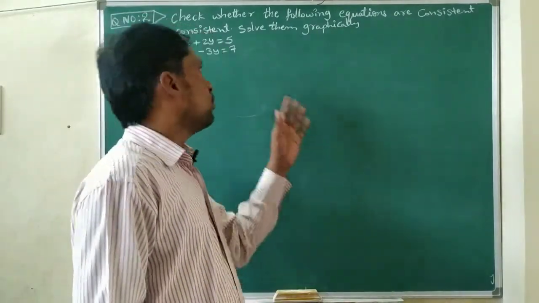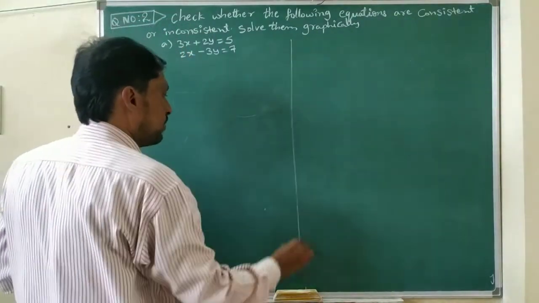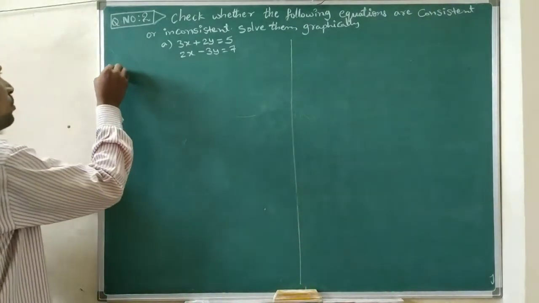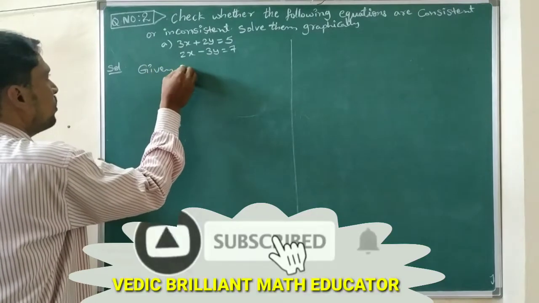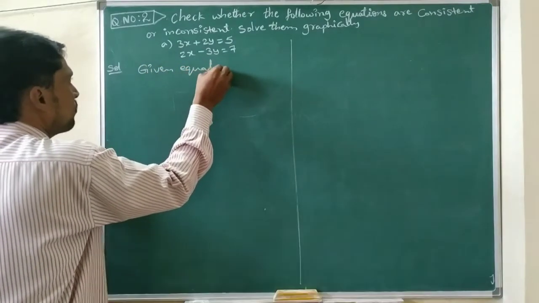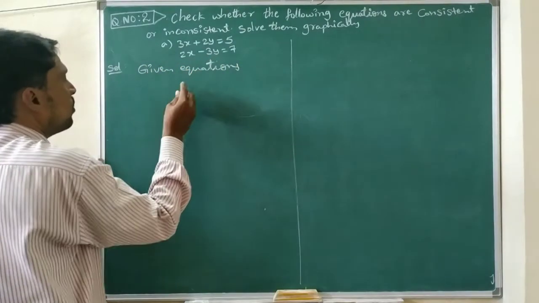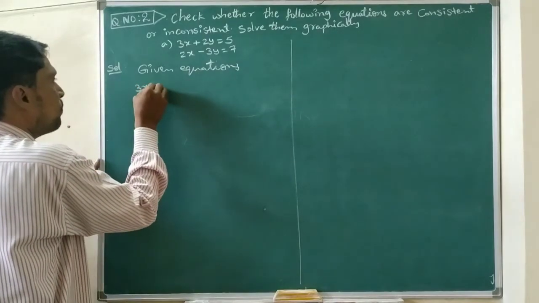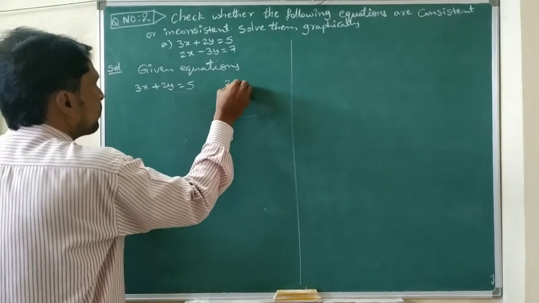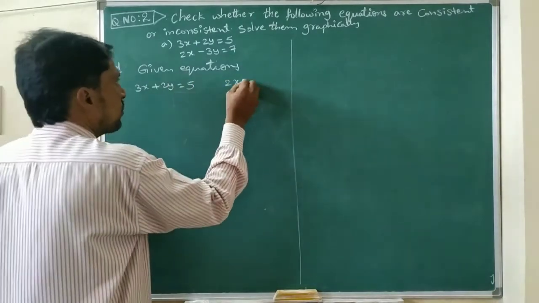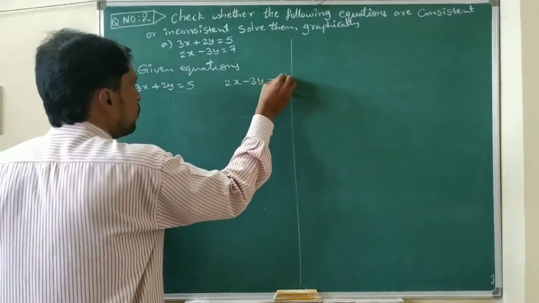So see here, given equations: 3x plus 2y equal 5, this is first one, and second equation is 2x minus 3y equal 7.